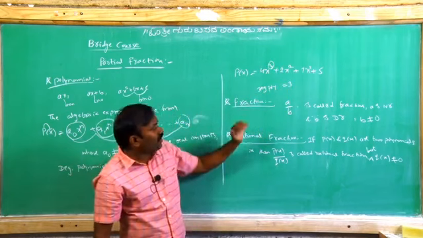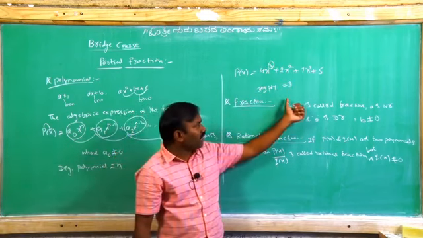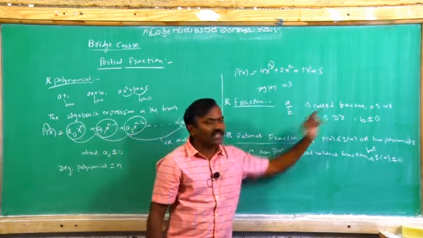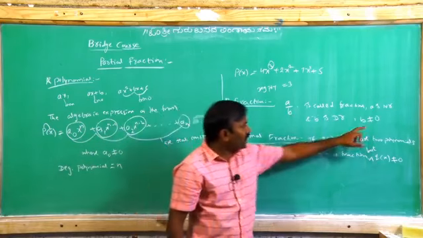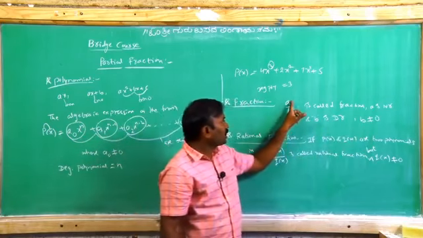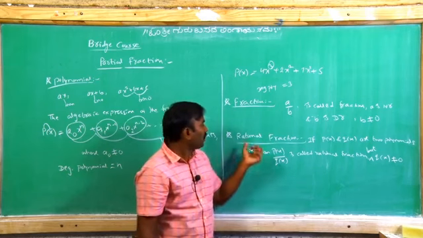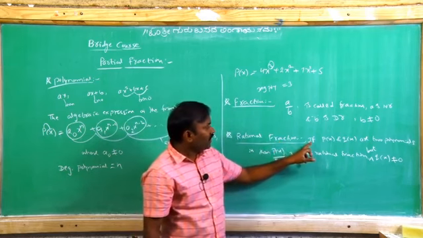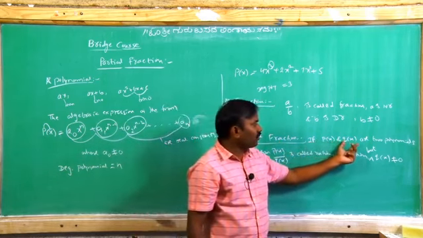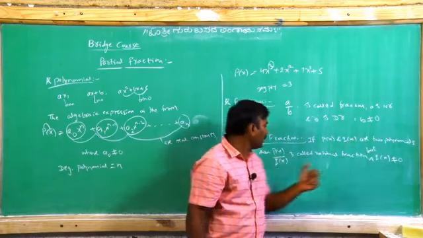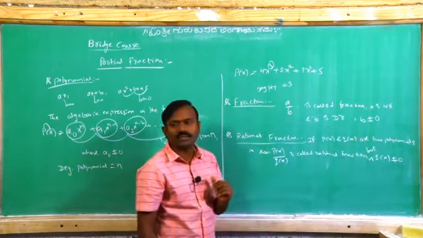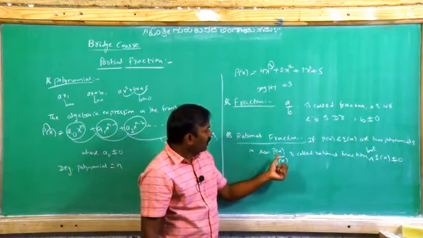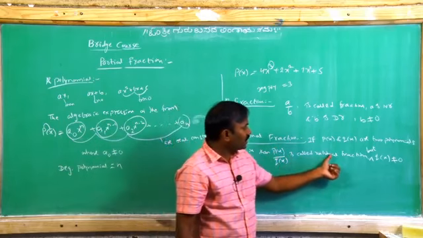Next, fraction: a rational number of the form a by b is called a fraction, but b is not equal to 0. A is the numerator, b is the denominator. Rational fraction: if p of x and q of x are two polynomials in terms of variable x, then p of x by q of x is called a rational fraction.